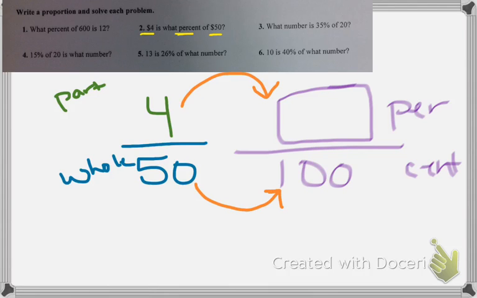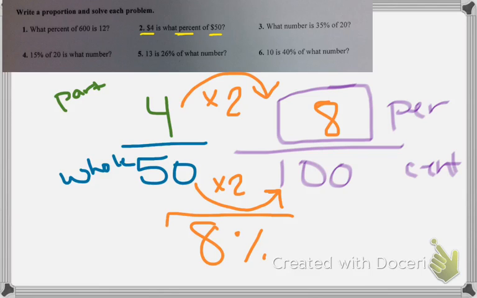So how did I get from 50 to 100? I multiplied by 2. So that means on top, I'm also going to multiply by 2, and I get 4 times 2 is 8. And remember, that's going to be 8%. Now, you don't want to get confused. This one's actually asking you for the percent, so you need to keep the percent sign there.